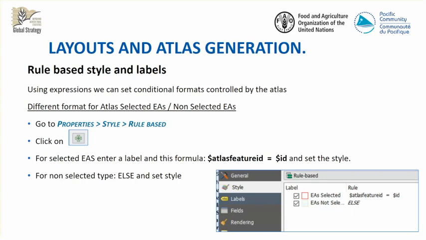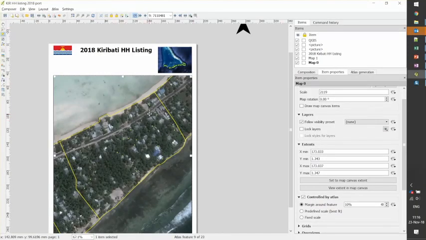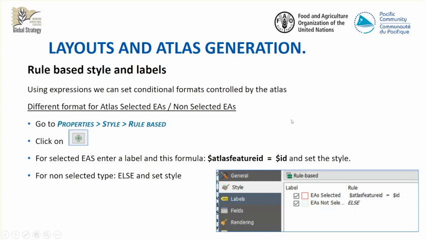So now we are going to enhance our map. Well, we have these yellow boundaries with transparent fields, but we can do it better. To improve our layout, we are going to set a rule-based style and labels.